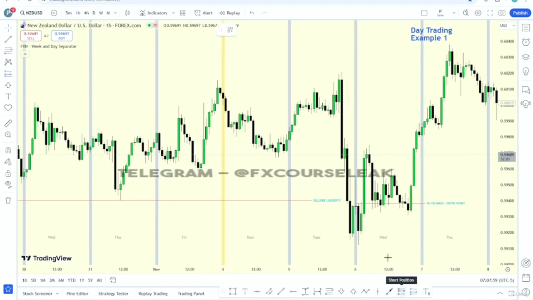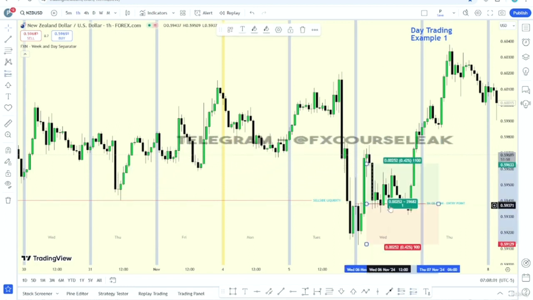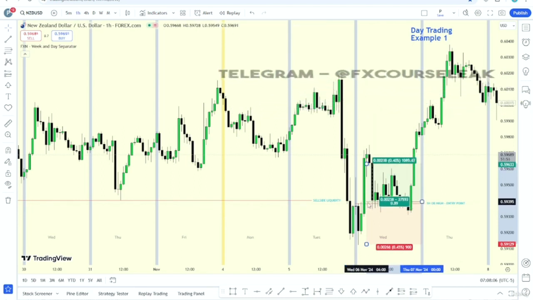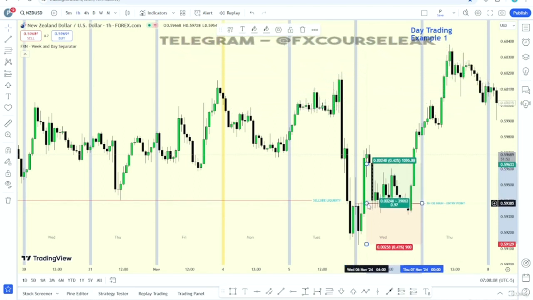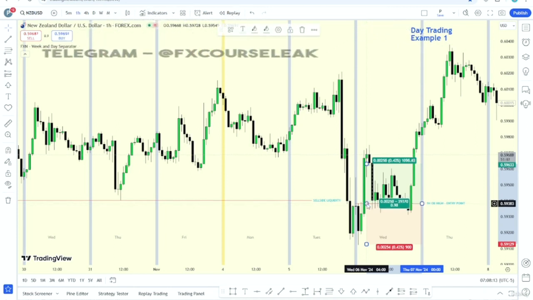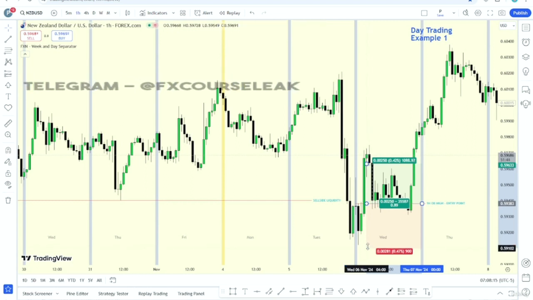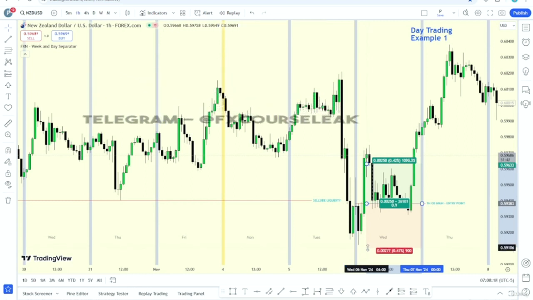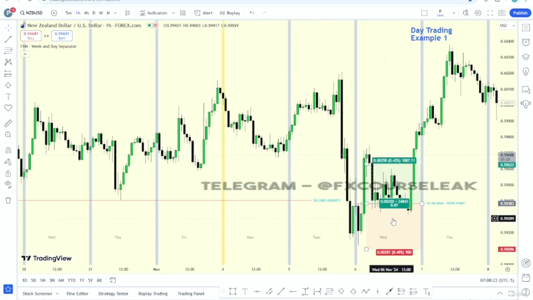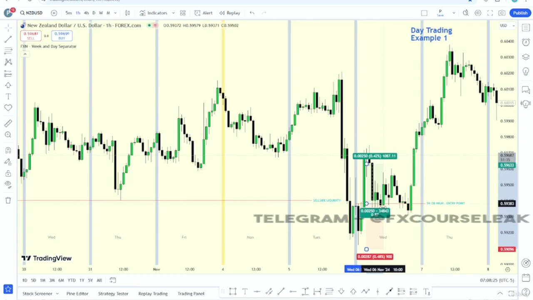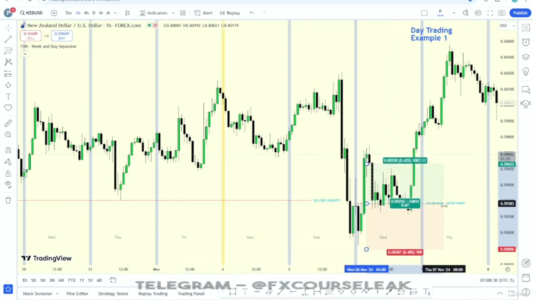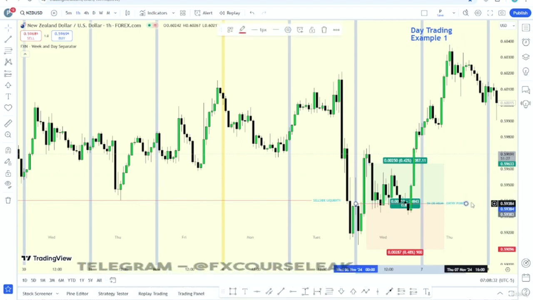If we take a hypothetical entry right there, on that candle's high, then we place our stop loss below the low of that order block and maybe a few pips below it. You can see that is what you get. You can also see how many times this market comes and retests that point.